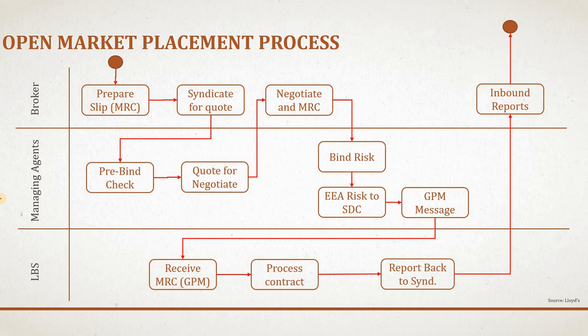So what will happen next? The underwriter will complete the pre-bind checks and prepare the quote for the risk, acting on the authority provided by the subsidiary or LBS. Terms are negotiated between the broker and underwriter as usual, the way it is happening right now. Once concluded, the final MRC is prepared and presented to the managing agent.